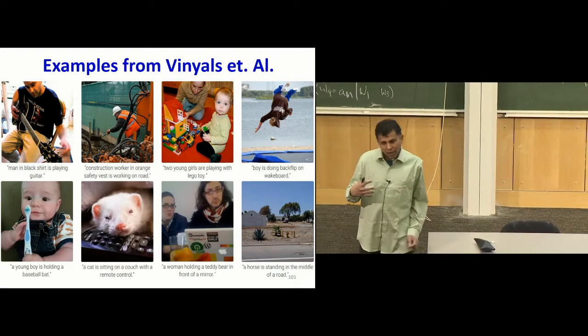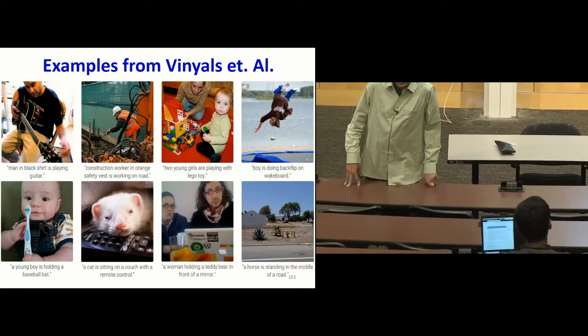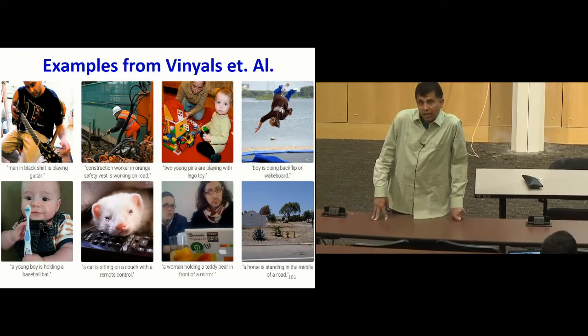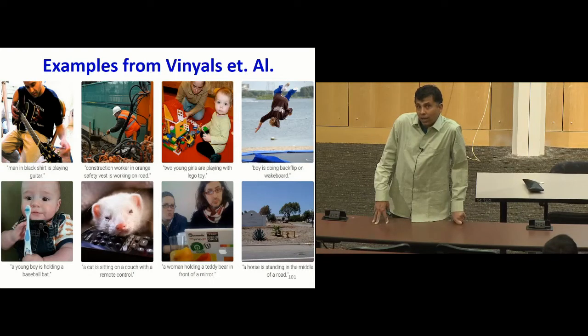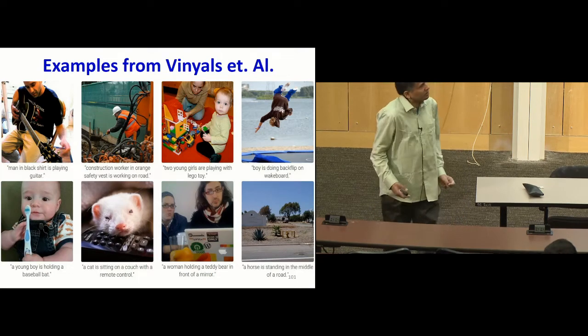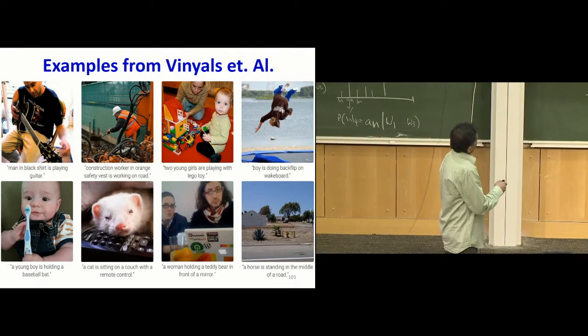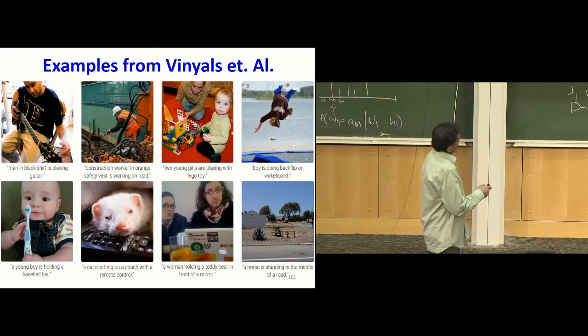Now, of course, the appropriateness of these captions depends on how well the CNN actually extracts information about the objects in the image. So when the CNN goes wrong, you can get some strange responses, like captions like a young boy is holding a baseball bat, or a cat is sitting on a couch with a remote control.